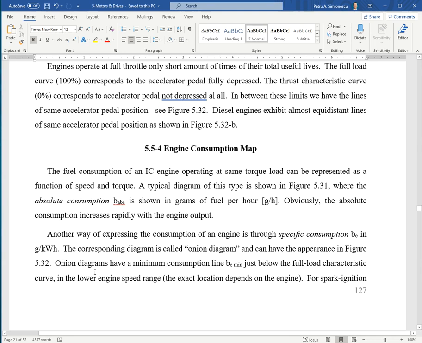For a given engine, these numbers vary with load, but you'd like to maximize the power generated per gram of fuel consumed.